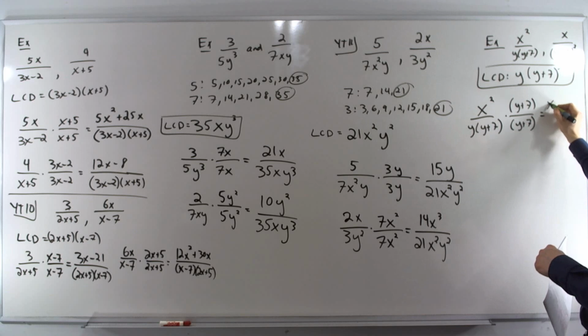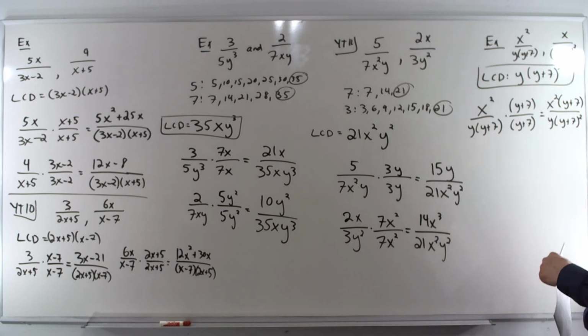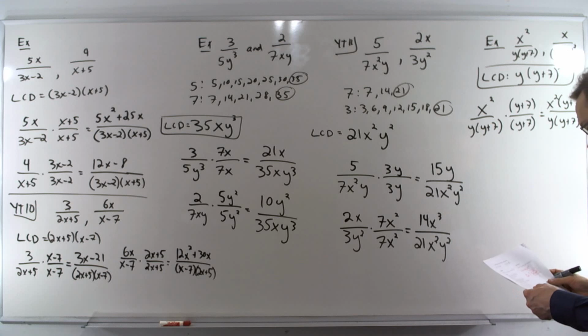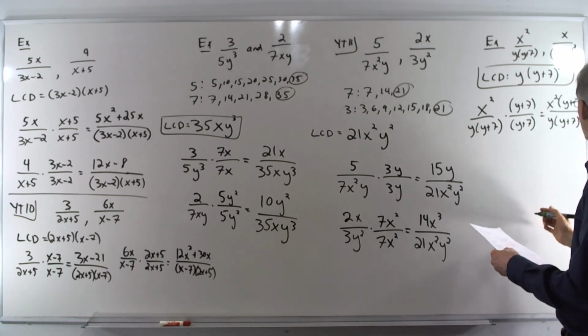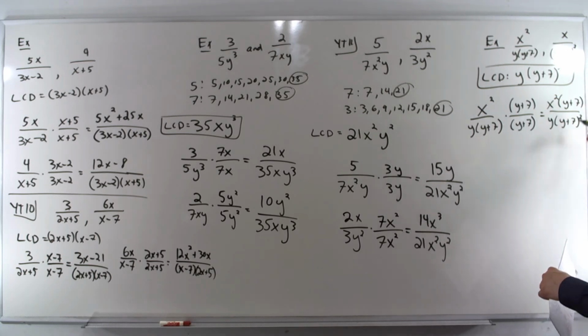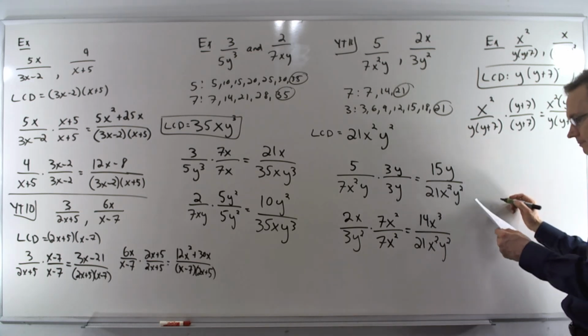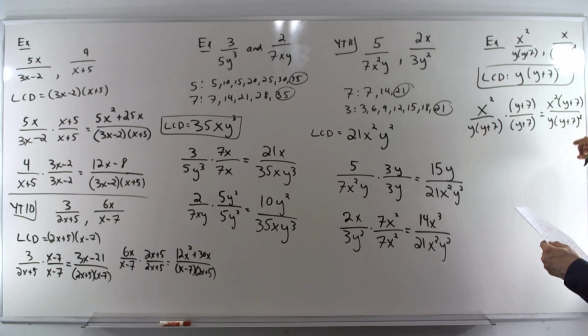And that gives us x squared times y plus 7 on top, and y times y plus 7 squared in the denominator. It's okay, as far as I'm concerned, to leave these in factored form. Distributing is optional. Whatever you do, don't distribute either, because we have an exponent here, so we can't distribute.